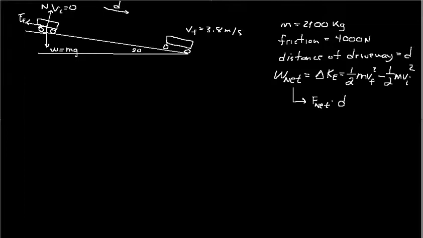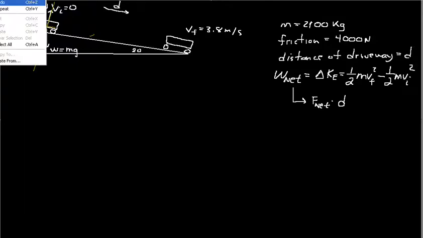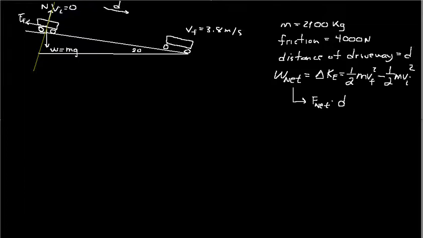Let's now put our axis in here, one running perpendicular to the plane and the other down the ramp. Let's put our components in here.